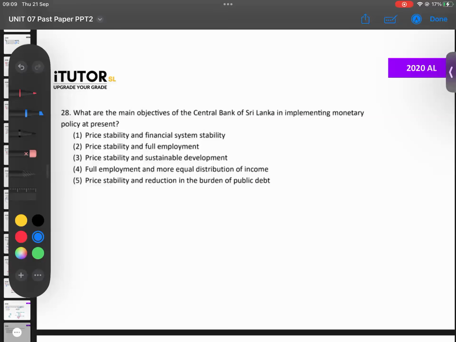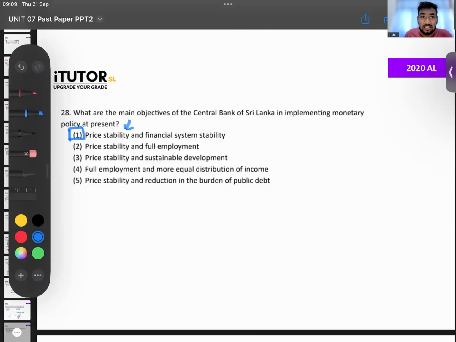What do you think? The answer, guys, is what? The answer is number 1. Price stability and financial system stability. From these two also, which one is the most important one? From price stability and financial system stability, price stability is the most important.